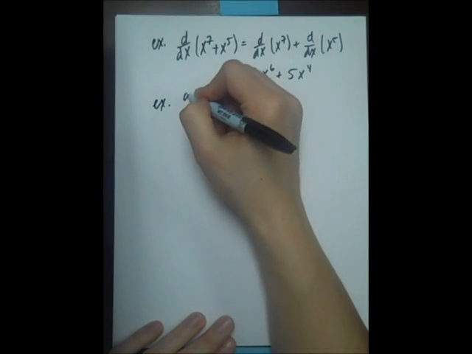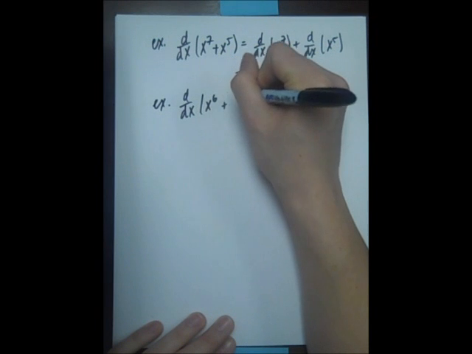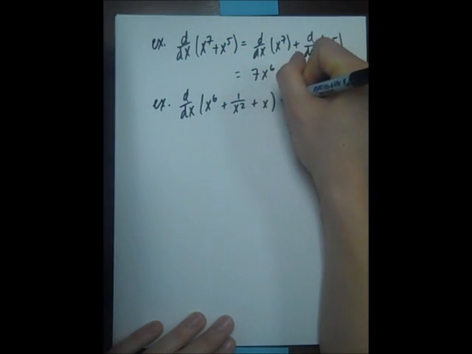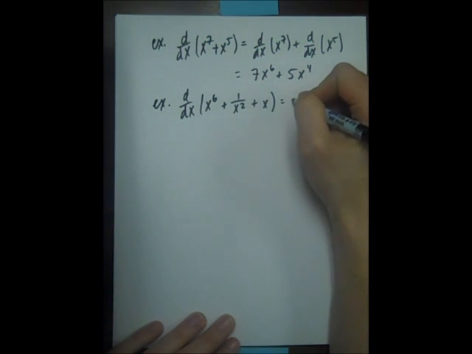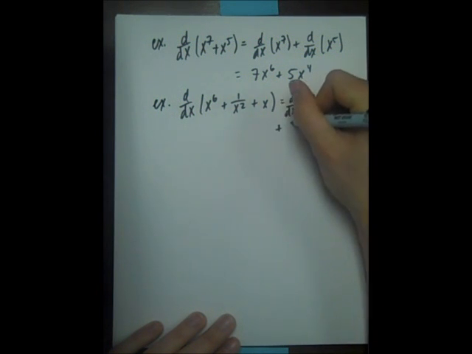Let's do another example of this. What about the derivative of x to the 6th plus 1 over x squared plus x? Well, I'm going to take the derivative of each piece, so it's the derivative of x to the 6th plus the derivative of 1 over x squared, let's write that as x to the minus 2, and then plus the derivative of just x.